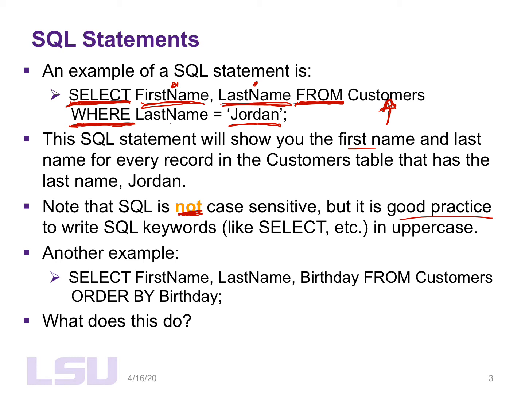Another example of a SQL statement: select. This time around we want 3 fields, right? 3 columns: first name, last name, birthday. From what table? From the customers table. And we want to order these results. When it gives it to you, order everything, sort it by birthday from the youngest to the oldest.